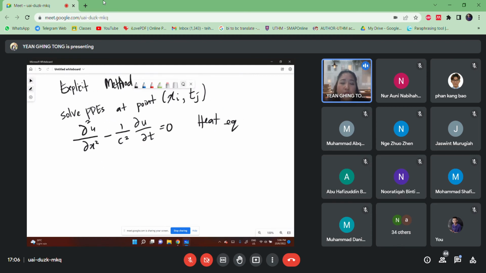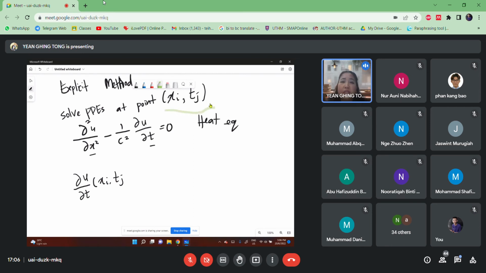Okay, so now if you look at page 217, you will see that we want to change this one. Just now, you remember what the independent variables are here? X and t. So I can also write it like this. Del u over del t for xi, tj, because I want to solve the PDE at this point.